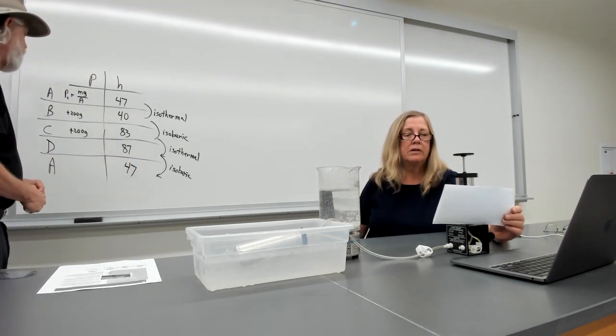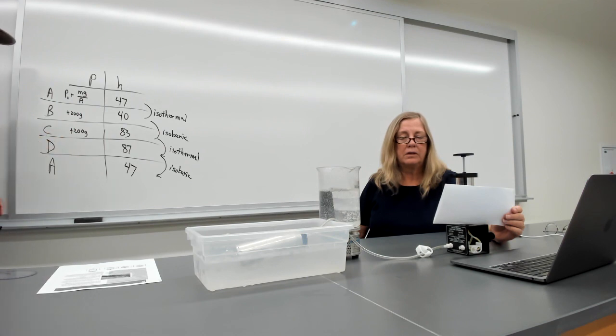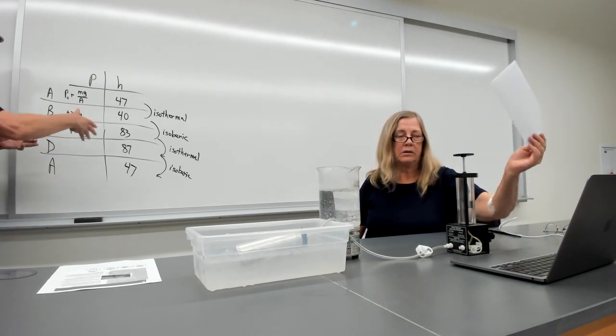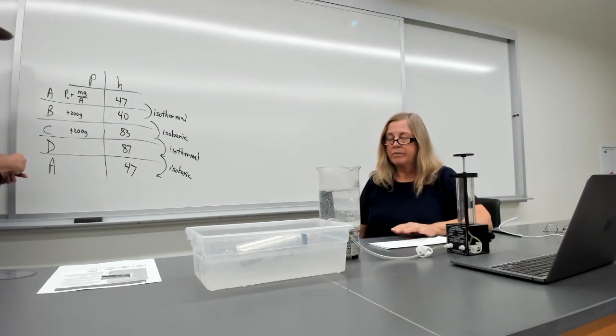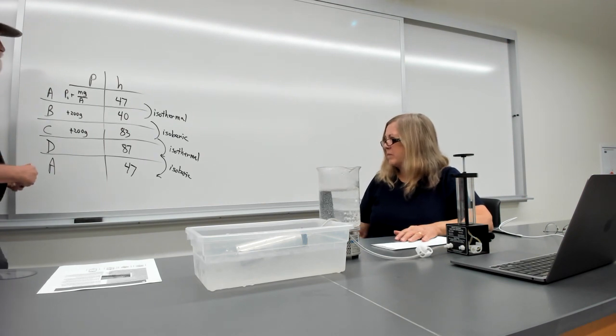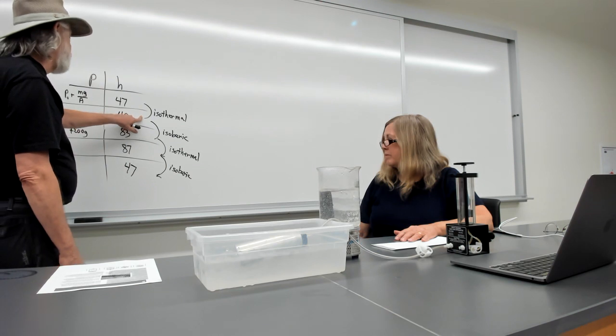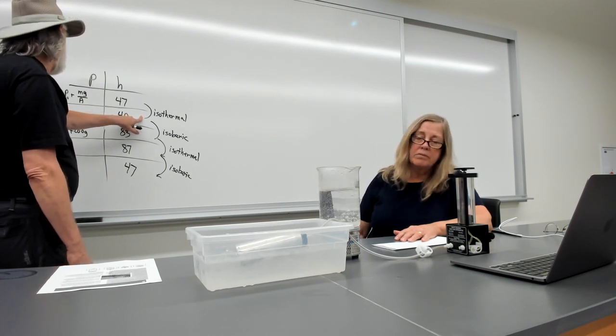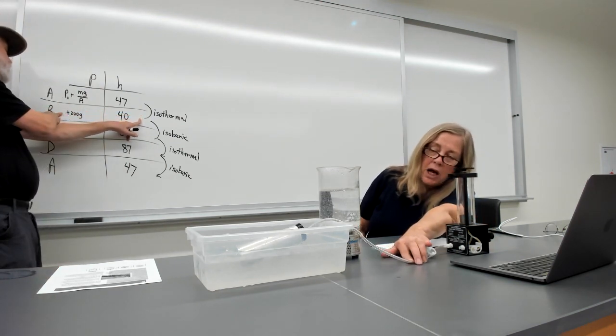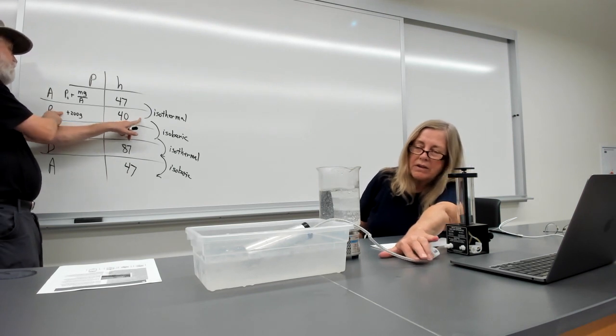Okay, so now we're going to figure out these pressures later and analyze what happened with all this stuff. But we had 4 processes. We had an isothermal process where it was in cold the whole time, and I added the mass to change the pressure.